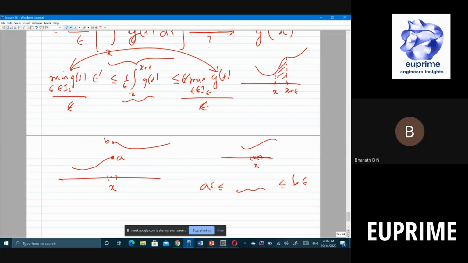So in a test, if you are stuck with that kind of thing, generally things are nice in tests. That means you can apply Leibniz. That is something that we can assume and clearly state, assuming that the function is nice.